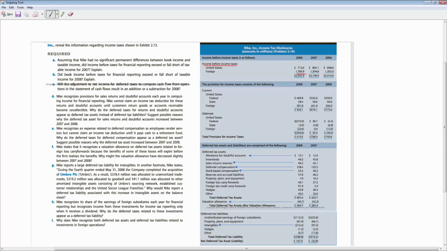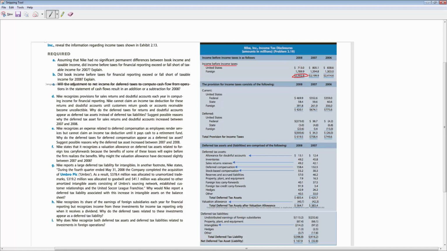The total here represents the consolidated income before income tax, which is the sum of the U.S. market and the foreign market. From the numbers here, we find that the foreign market contributes more than the U.S. market, which is quite important for Nike.